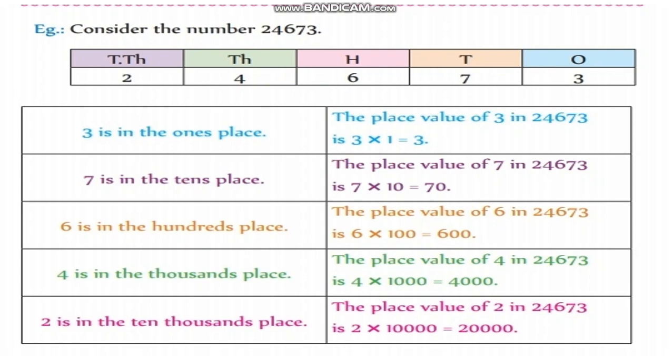Again I tell you, the face value of a digit doesn't change, but the place value of a digit depends on the position it occupies in the place value chart. This is the difference between face value and place value.